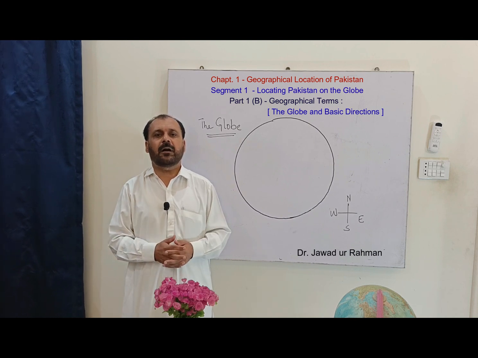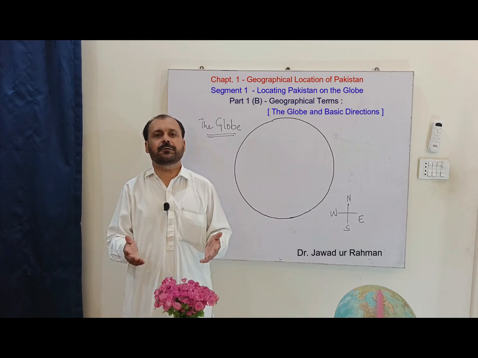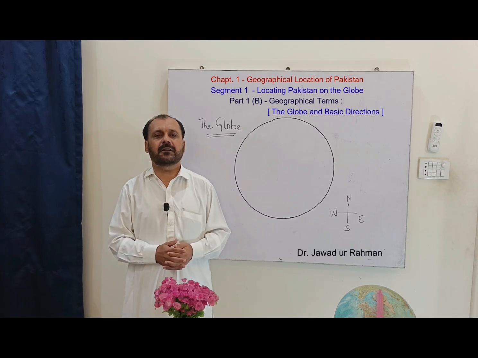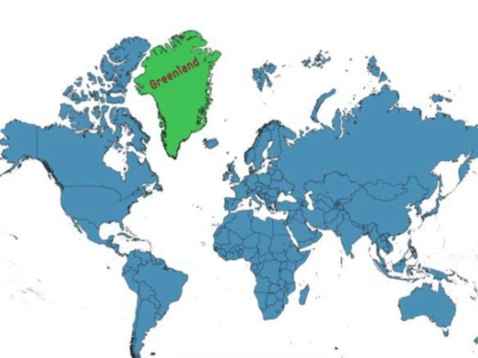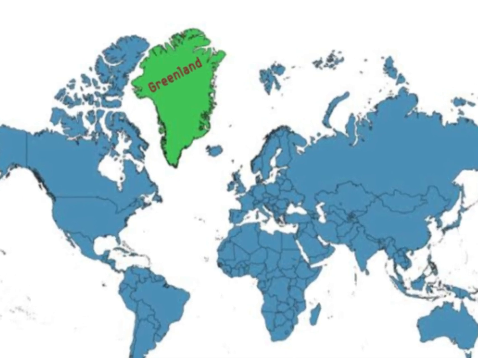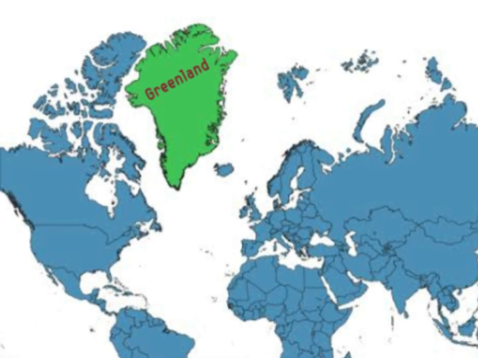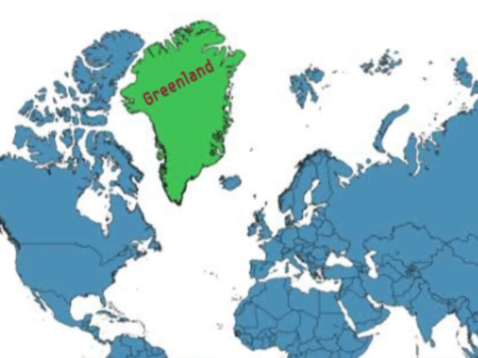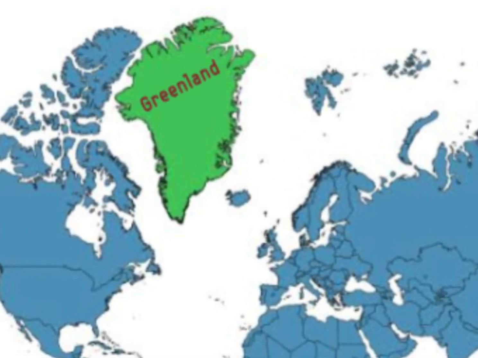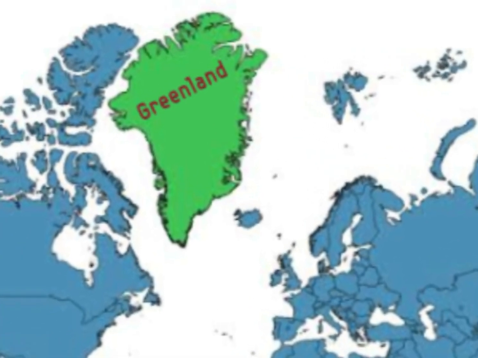Depending on the type of map projection used, the size, shape, distance, or direction of geographical features may be distorted. For example, on some commonly used world maps, Greenland appears much larger than it actually is in comparison with other countries and regions.